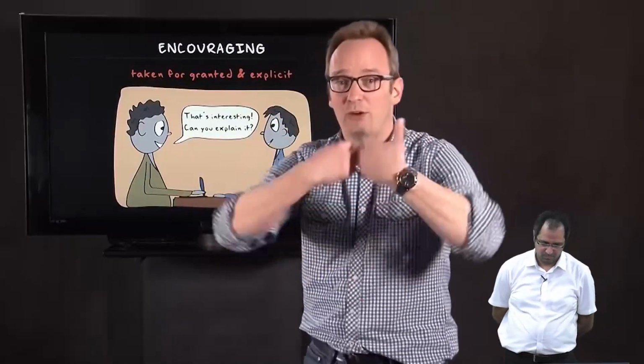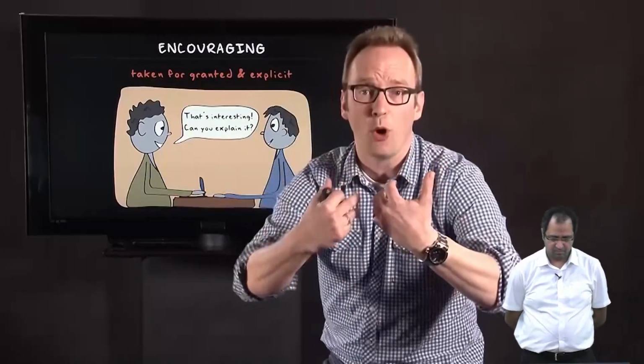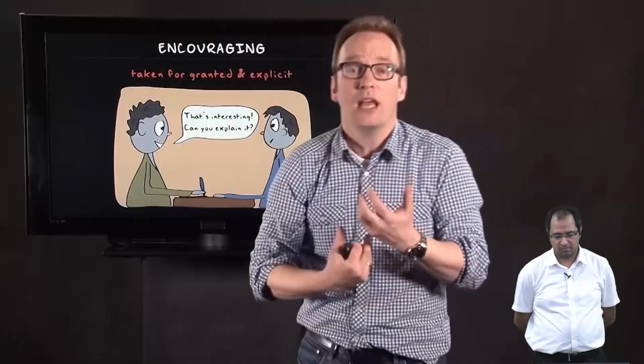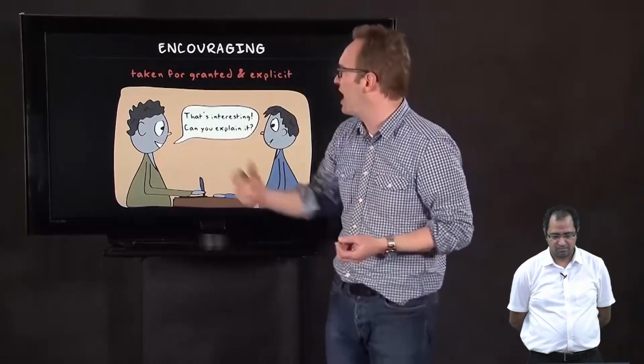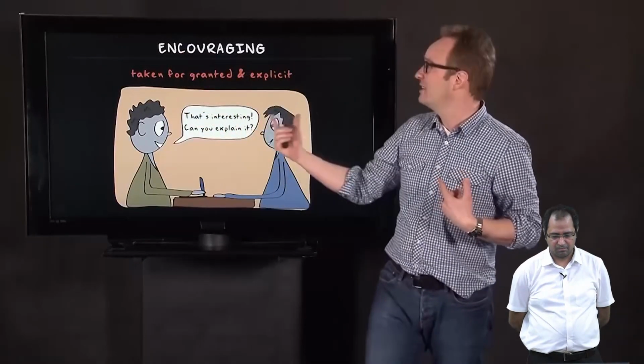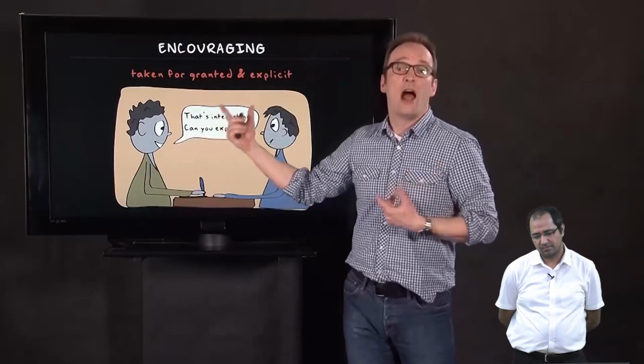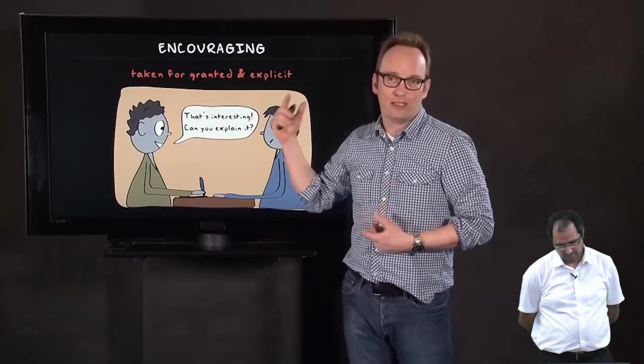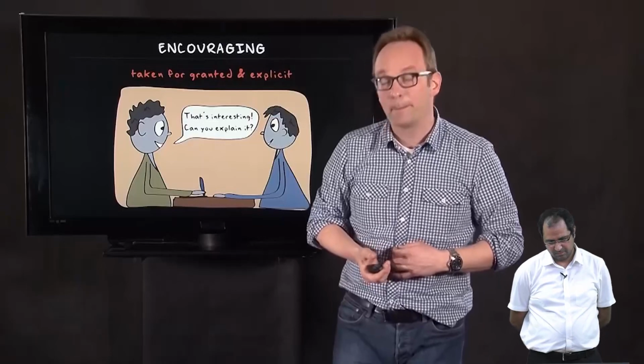Oh, could you continue about that? Can you explain it? Oh, wow, cool! And so on and so forth. So people are using rapport in probing, using a very personal style that I call encouraging. Then you take the answer for granted, and you're pretty explicit about it. Oh, that must have been terrible for you.